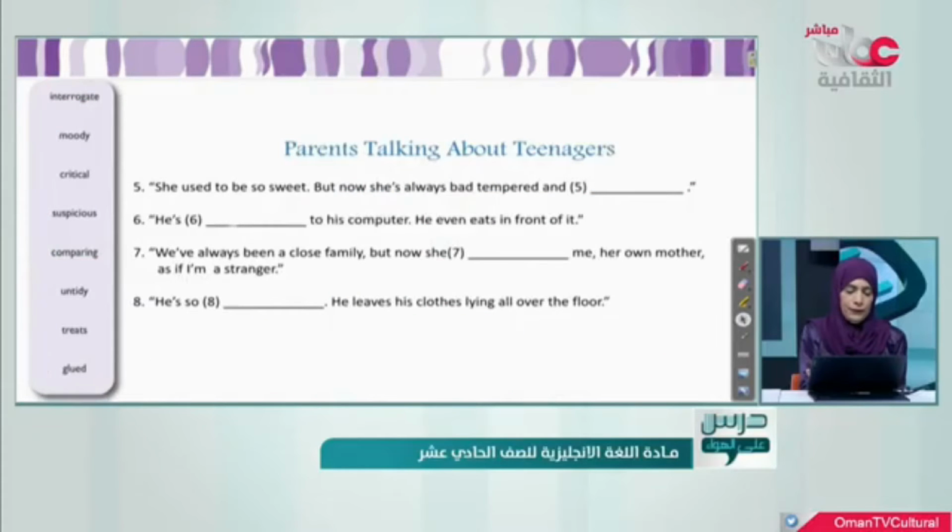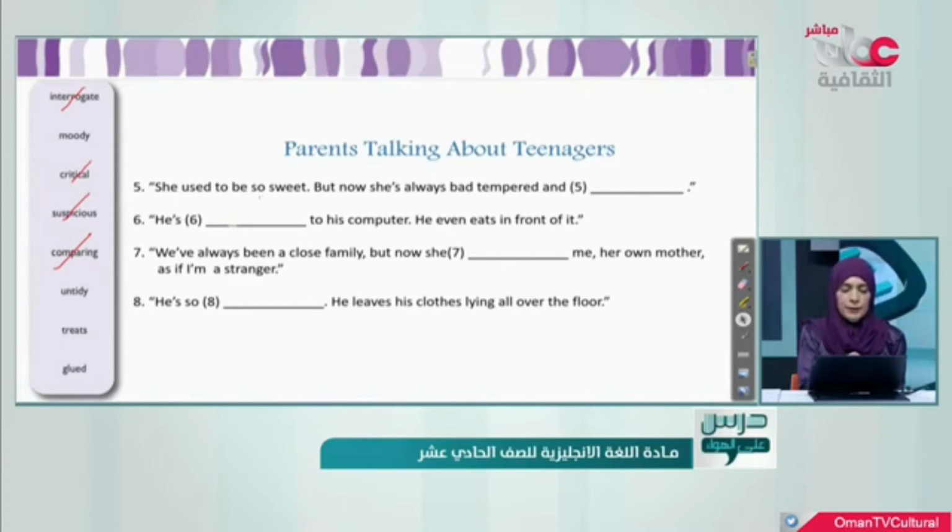Now let's move to 5. Here in the second part, I have to find 4 other words. I finished with interrogate, critical, suspicious, and comparing. Now I need to choose between the other 4 words.